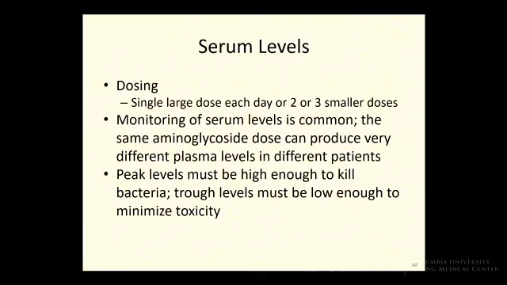The trough, meaning the lowest plasma concentration, is evaluated just before the next dose. Okay? So let's say it's once a day. Let's say you're giving gentamicin at 8 a.m. every day. Before you hang your bag, the blood levels are going to be taken and evaluated. Okay? And what you want to see is a trough level that is at or near 0.